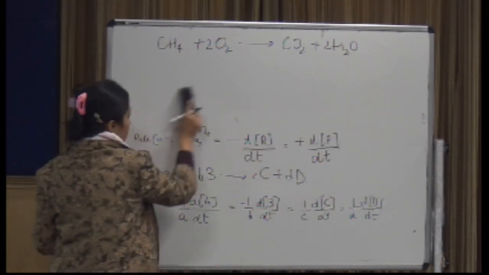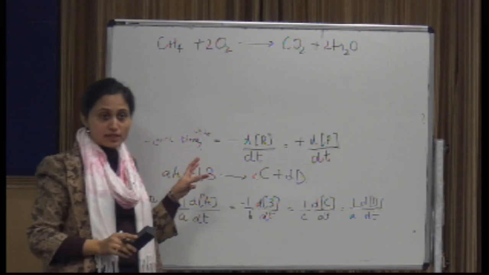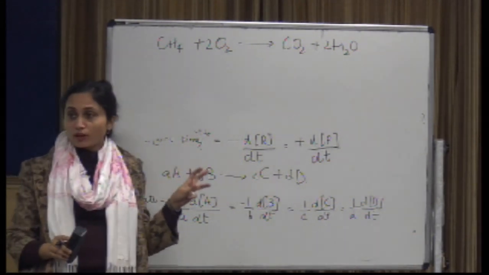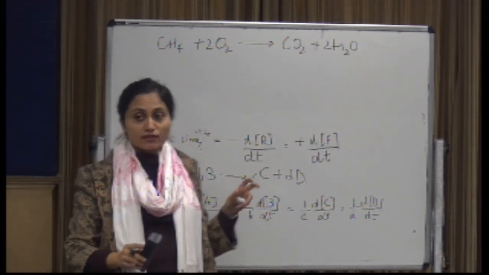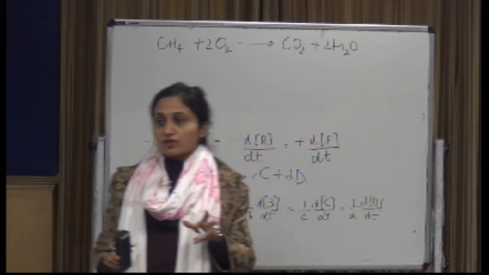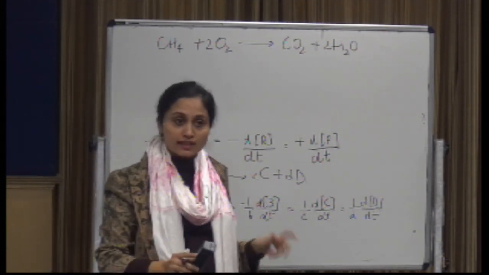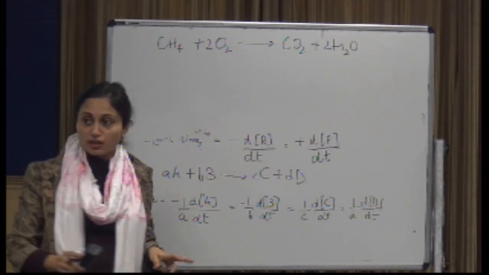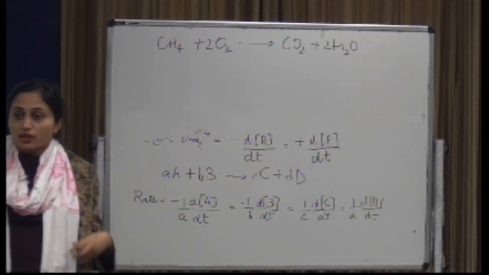Just write down the instantaneous rate expressions for each of these. Clear to everyone as to how to go about doing it? It's simple. It is always the change in the concentration, of either the reactants or the products, with respect to time. And for reactants, you put a minus sign. For products, you put a plus sign, because reactants are getting consumed and products are getting formed.